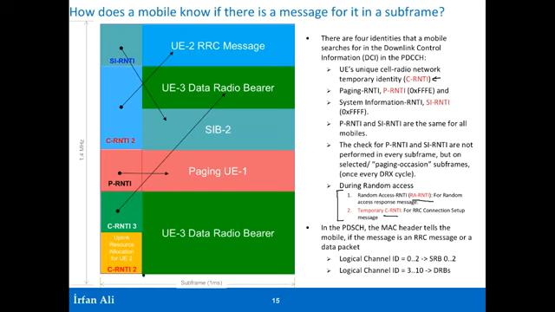In this PDSCH, what kind of information is present, and whether it is data information or paging information or an RRC message, is also determined by the logical channel ID. Once the mobile comes in over here, this is a MAC packet, and the very first thing in this MAC packet is something called the LCID, the logical channel ID.